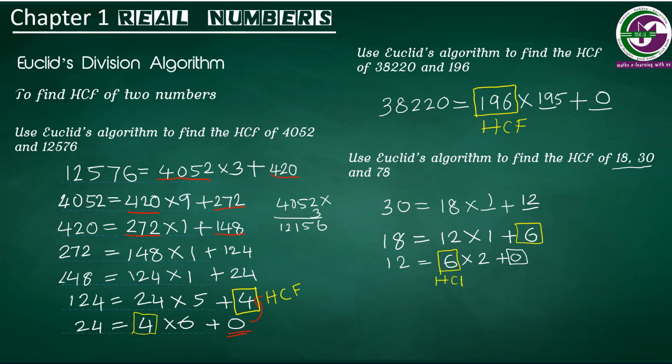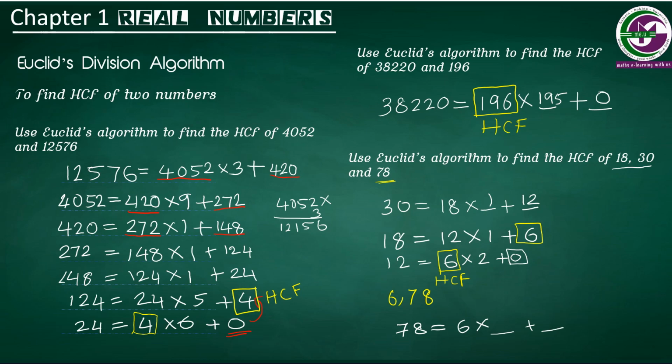Now we'll take the 6 and the third number. So 6 comma 78, the HCF of the first two numbers with the bigger number. In this one, we'll write 78 equals 6 times dash plus dash.